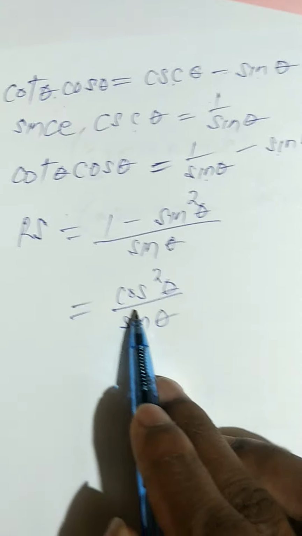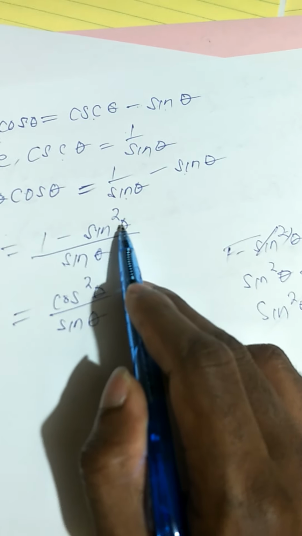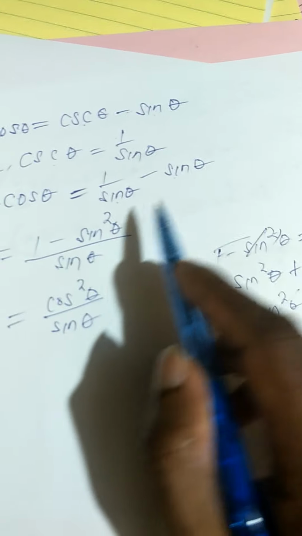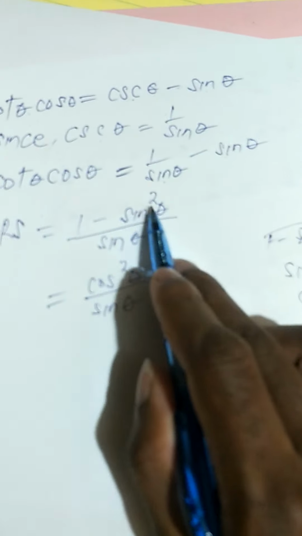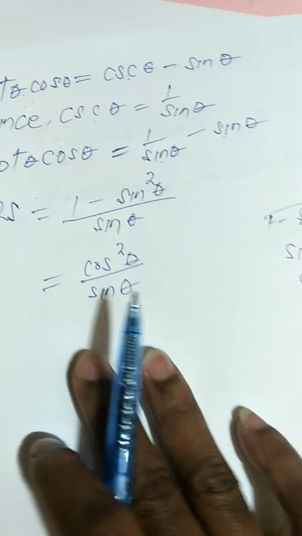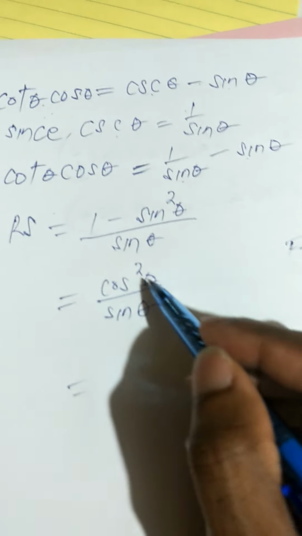Since this one is equals to this, and I was applying this here, since this one is raised to the power of 2, I just give the power to make sense. Now I continue once again.